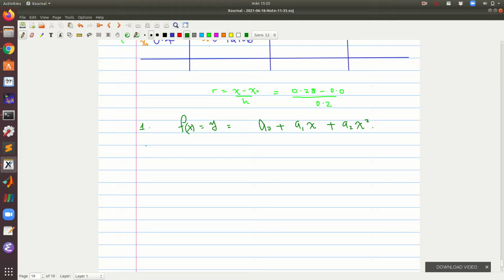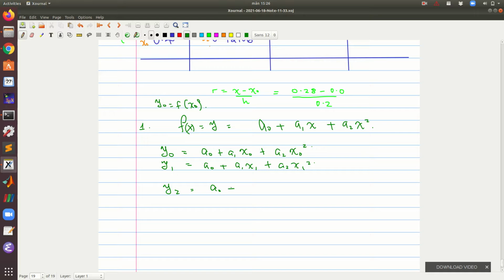Okay, so now we can start by saying y0 is equal to a0 plus a1 times x0, because we know y0 is simply the value of f evaluated at x0, so x is x0, plus a2 times x0 squared. Then the other equation we have is also a0 plus a1 x1 plus a2 x1 squared. And then what is y2?